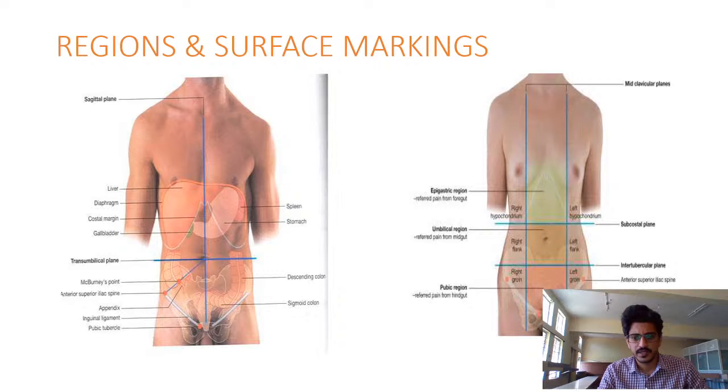In the middle is the pubic or suprapubic region, with the right iliac fossa and left iliac fossa, mostly the right groin and left groin. So these are the 9 surface markings and 9 regions based on the 2 midclavicular planes and the subcostal and intertubercular planes.